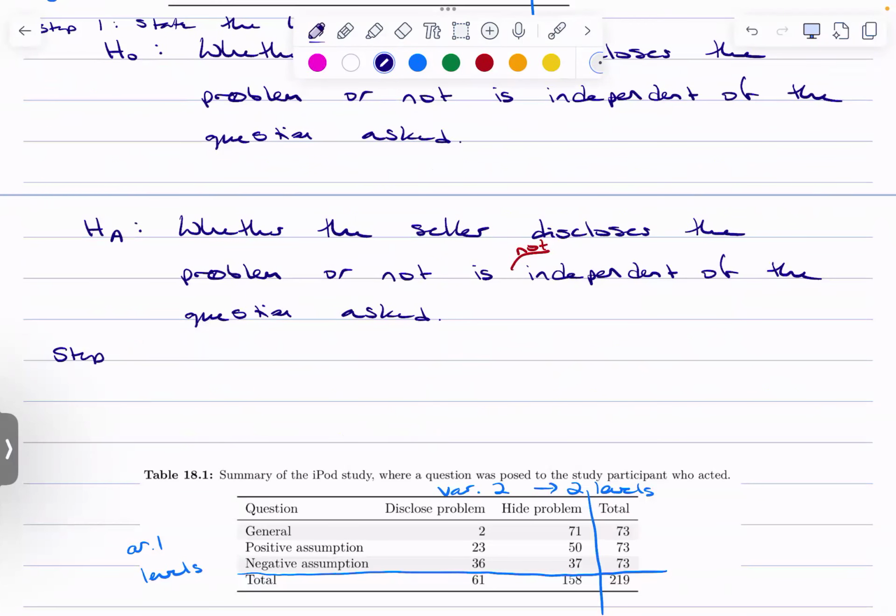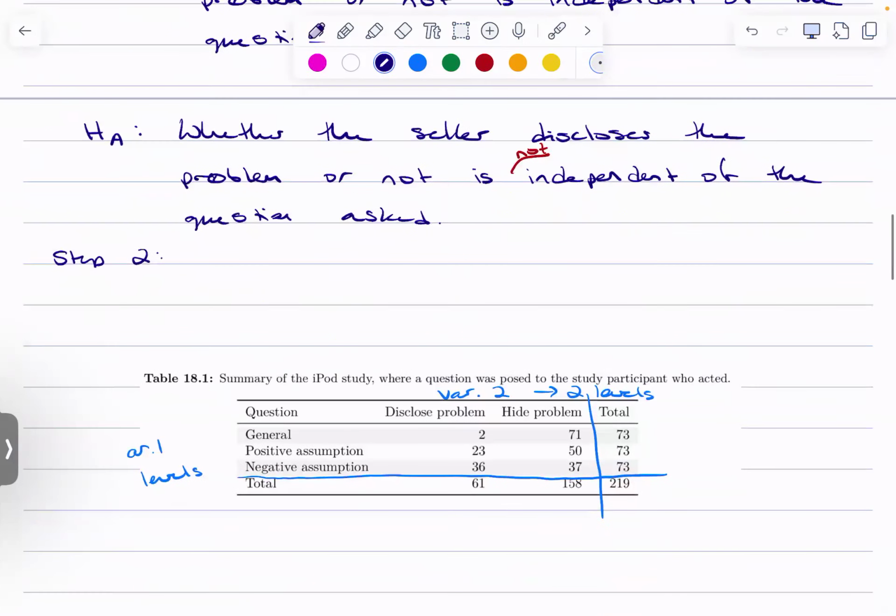For step two, do the test or calculate the test statistic. I'll say calculate the test statistic. We're going to rely on our observed counts, but we want to compare them to the expected counts.